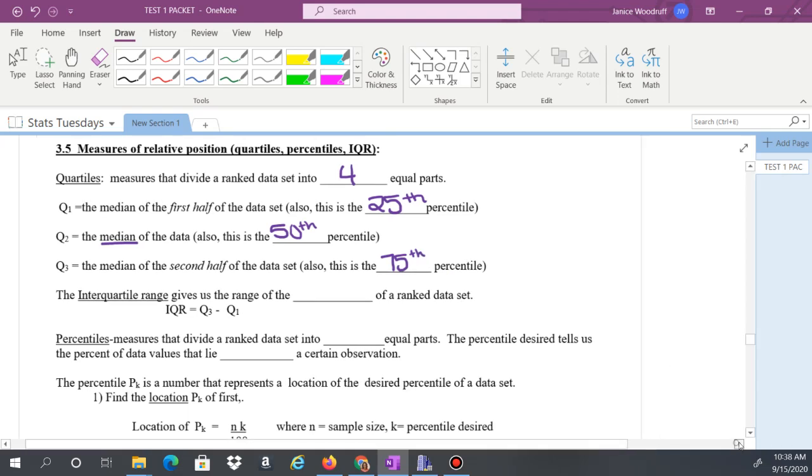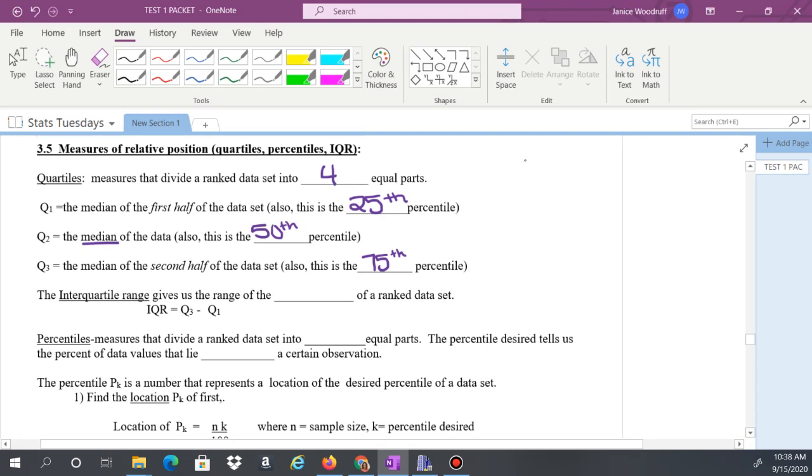Okay, so let's just say, for example, we have a data set, and we'll make this pretty simple. Let's do test grades. Let's just pretend they're test grades. I'm only going to do 5 just to make it really simple.